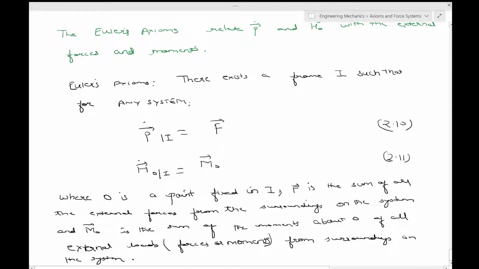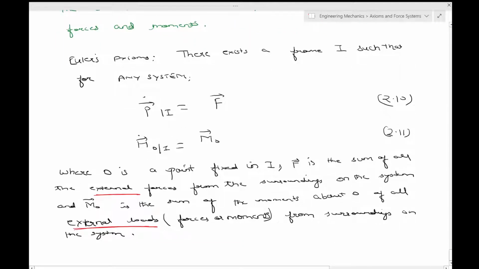So MO is the sum of the moments about O of all external loads. It can be either a direct moment or it can be the moment due to a force which is external to the system. So this external word is very important, and that's the overall idea.